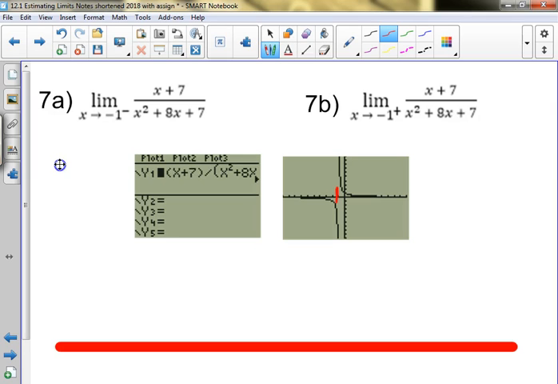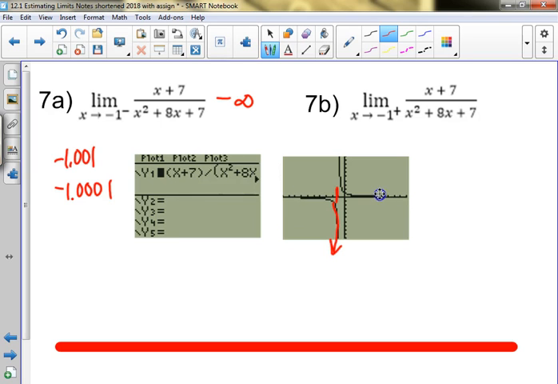What's just to the left of negative 1? Negative 1.0001. Those are just to the left, right? What do you think I'm going to get? Really negative numbers, right? So you could say the left-hand limit approaches negative infinity.